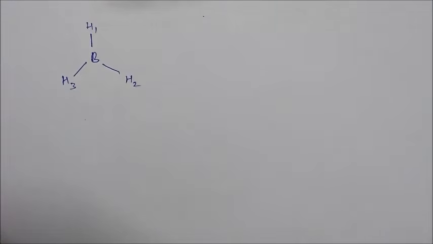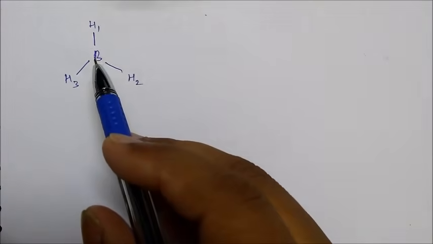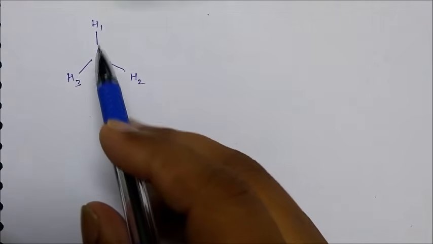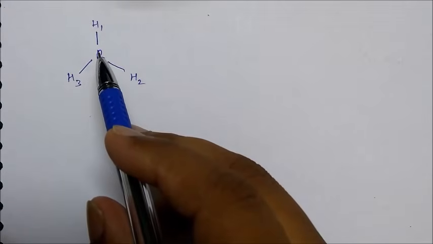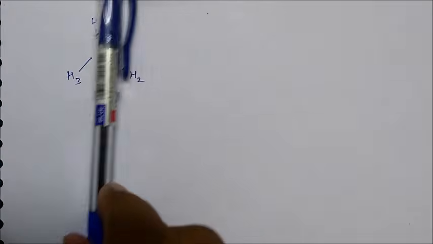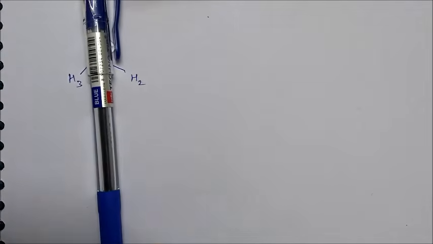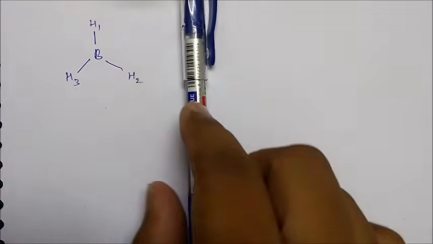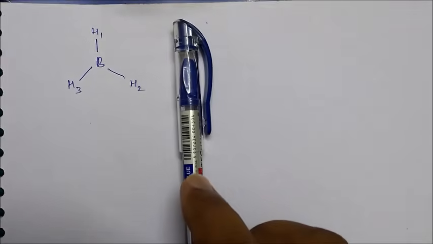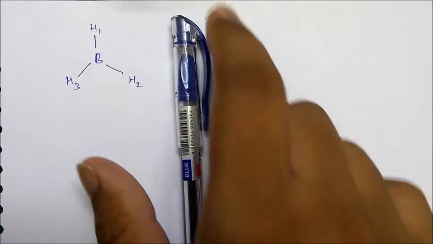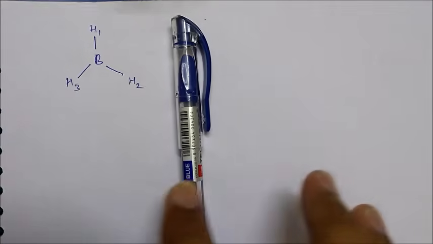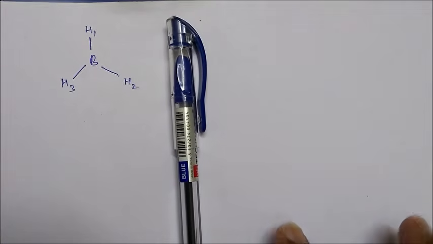So what we can do is fix this axis, through the boron and this hydrogen, and rotate about it. How? Let's consider this pen as the boron and hydrogen. Let's say the boron is here somewhere and a hydrogen is here, so one hydrogen is here from this boron and one hydrogen is here with this boron.